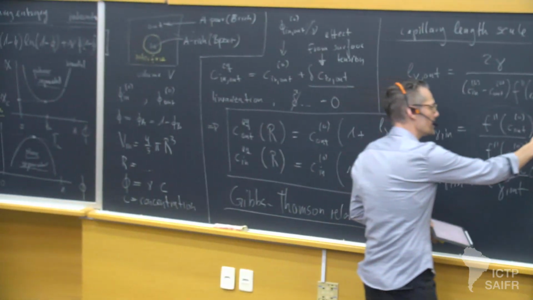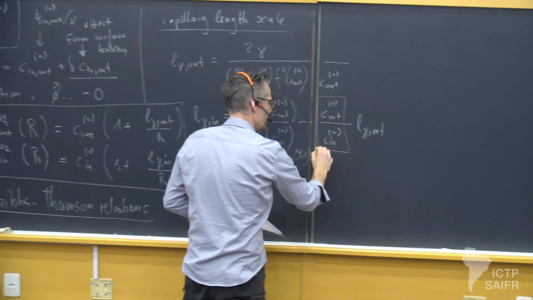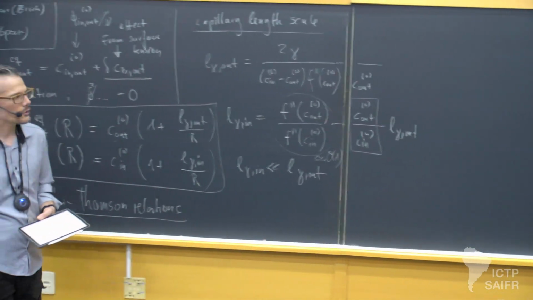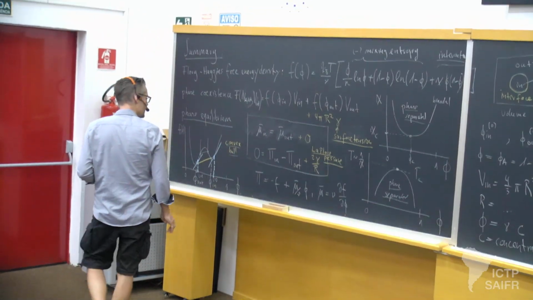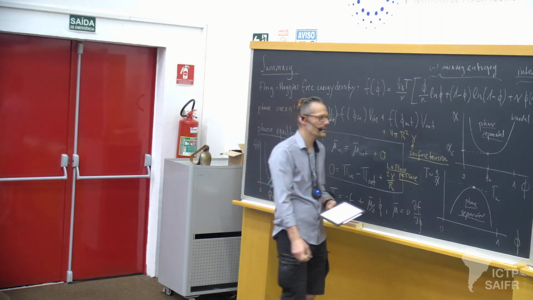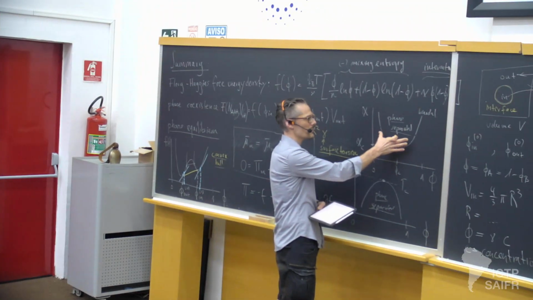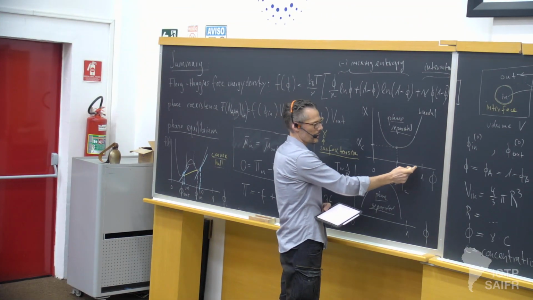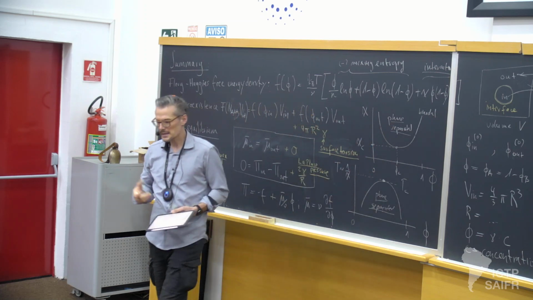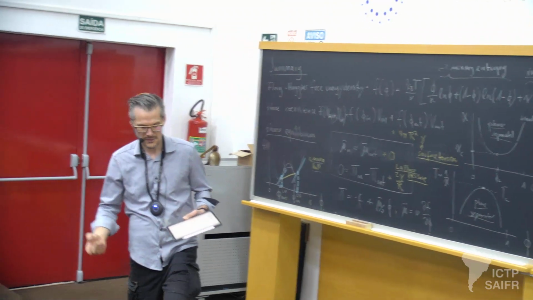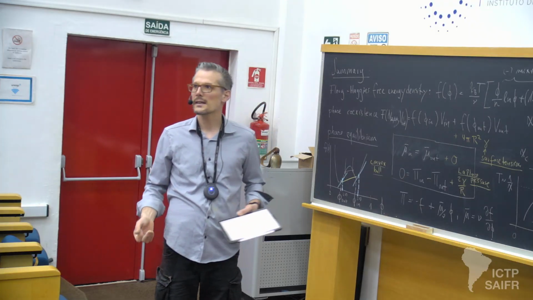However, we have here a very interesting fraction. This is C out over C in. This tells you how strong is your phase separation. So in terms of this plot, how far you're away from the critical point. When you're very far away from the critical point, the fraction of the inside to the outside gets extremely big. And that depends where you are. In cells, this is often between 10 and 100.